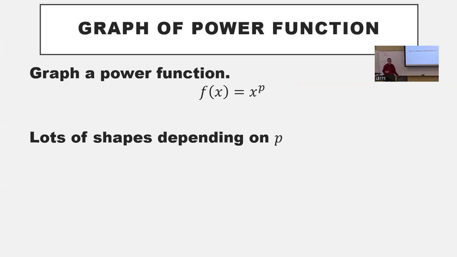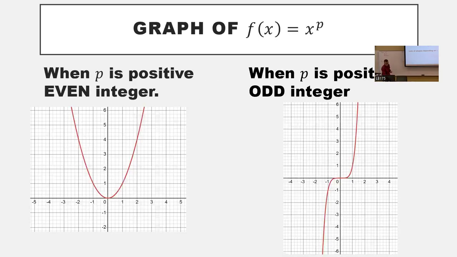So there's lots of shapes depending on the p's. Sometimes when those values of p are not whole numbers, we can't plug in negatives. But when p is a whole number, if it's an even integer, then we get kind of the parabola shape where both sides are shooting up.